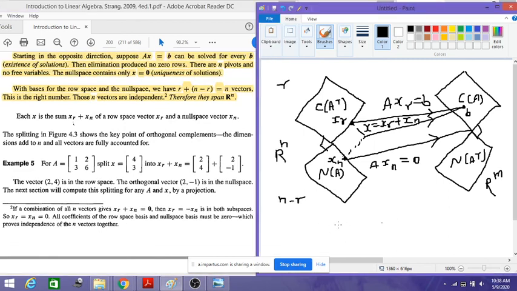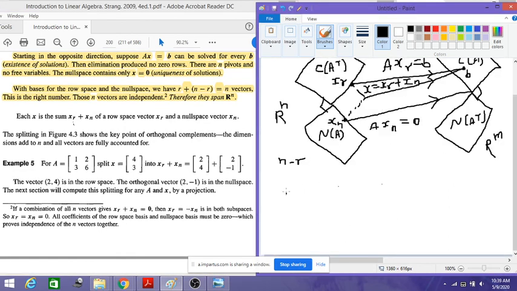So let's take an example. If you have a matrix A that is 1, 2, 3 and 6, and x that is equal to 4 and 3, we can split this into the row space component and the null space component, xr plus xn.